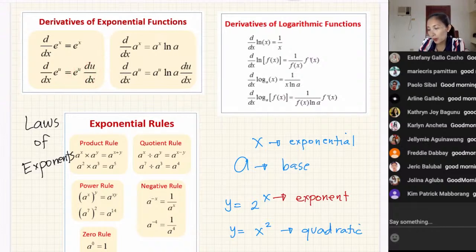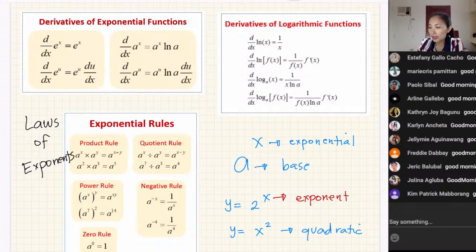So if the exponent is no longer x but a differentiable function in x, represented by u, then the derivative is e to the u times du.